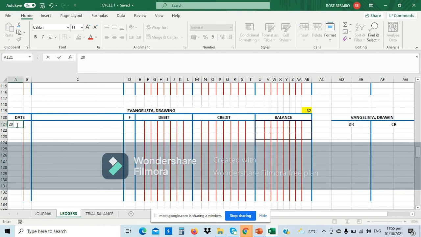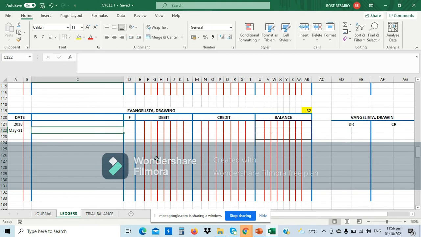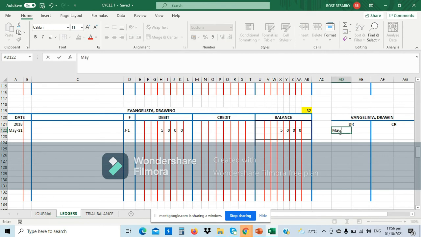So 2018, then May 31. So Evangelista drawing from J-1, then debit 5,000. Extend to the balance column, 5,000. Okay? And then in the T account, you should have here May 31 debit of 5,000.